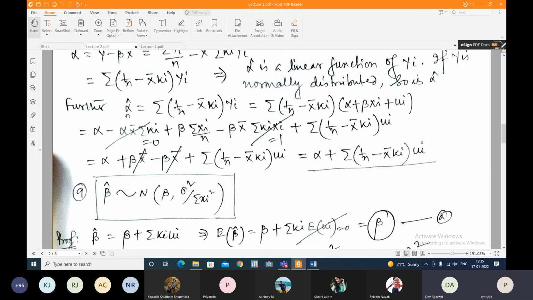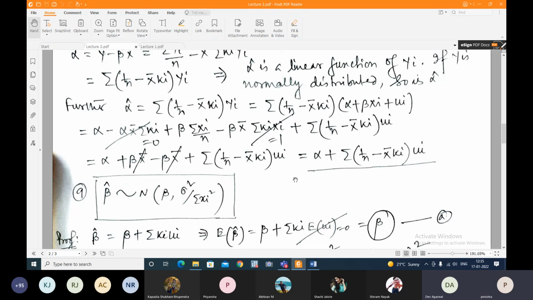this alpha hat as alpha plus beta x bar, what we have here, sorry, and then here beta x bar, and then this part. So beta x bar is cancelled out. So eventually we are having alpha hat as alpha plus summation of 1 by n minus x bar into ki whole into ui.